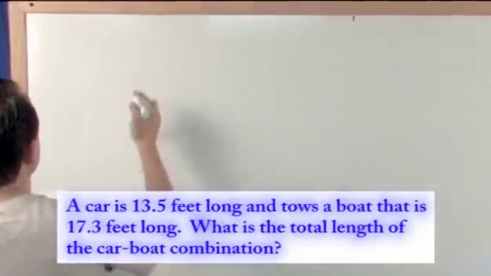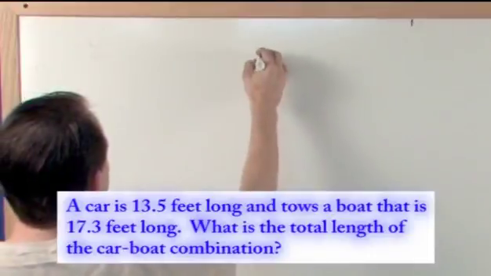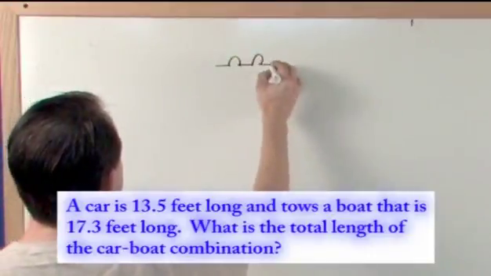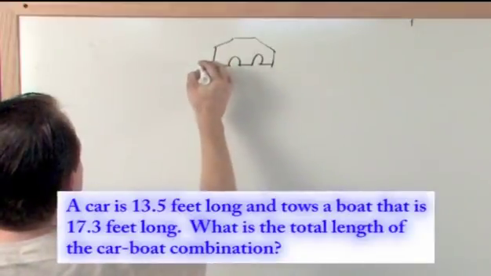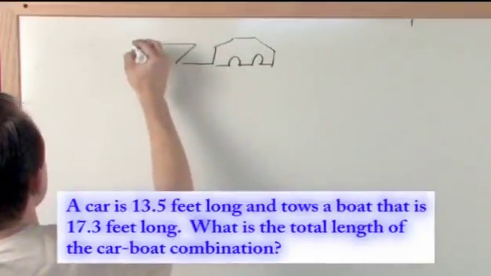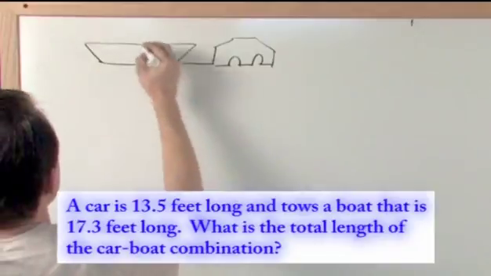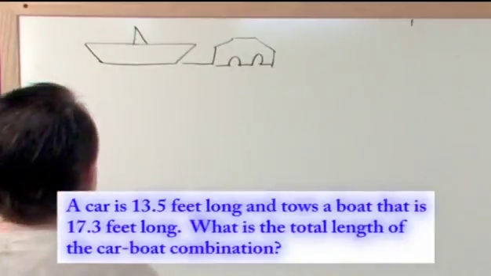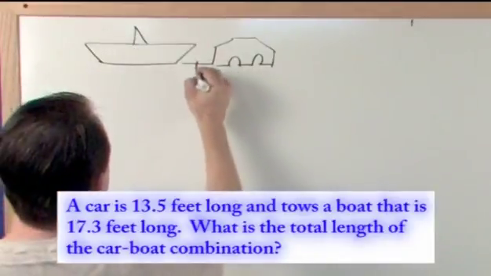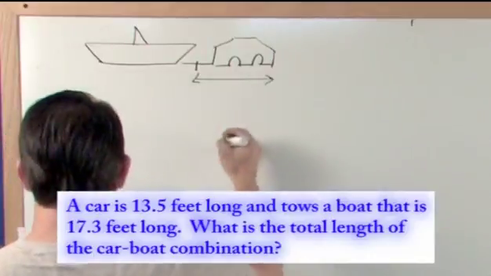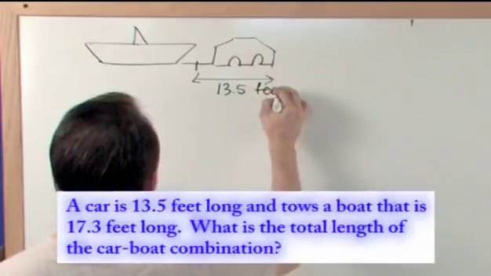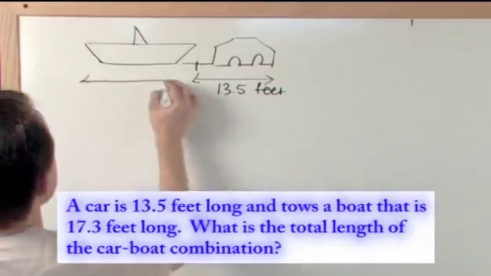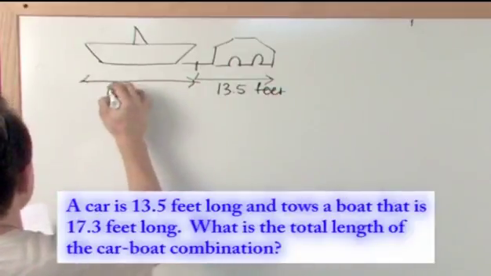So here, you have a car. Just to draw yourself a little picture sometimes is a really good thing to do. Here's a car, and it's towing a boat, which is a big boat here. That's a boat. And the car is 13.5 feet, and the boat is 17.3 feet.